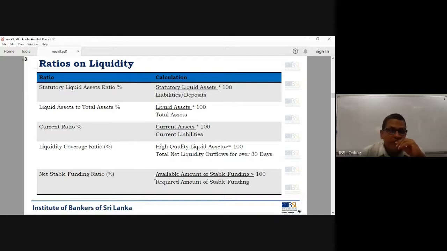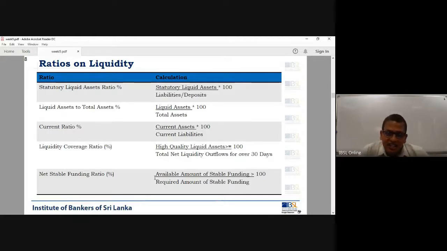So in order to ensure that banks maintain a certain amount of liquid assets, the central bank introduced a ratio called the statutory liquid asset ratio.